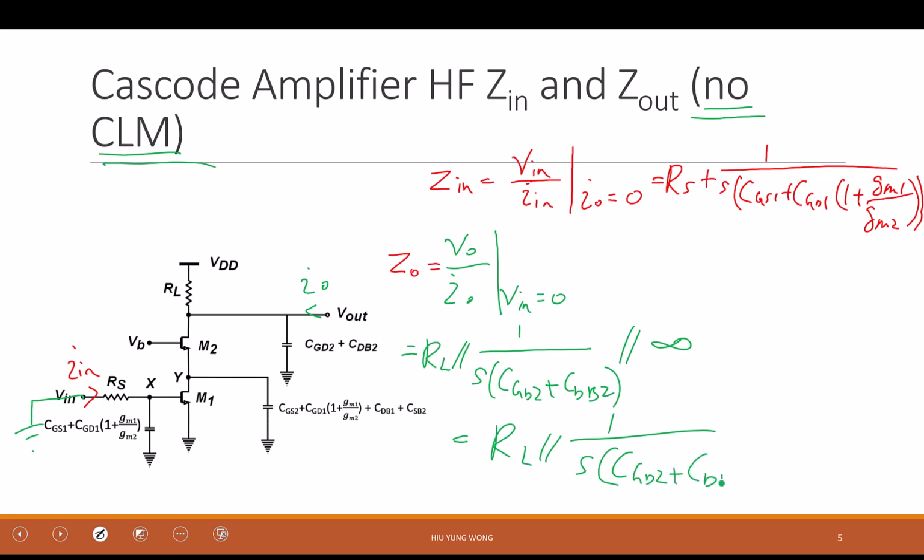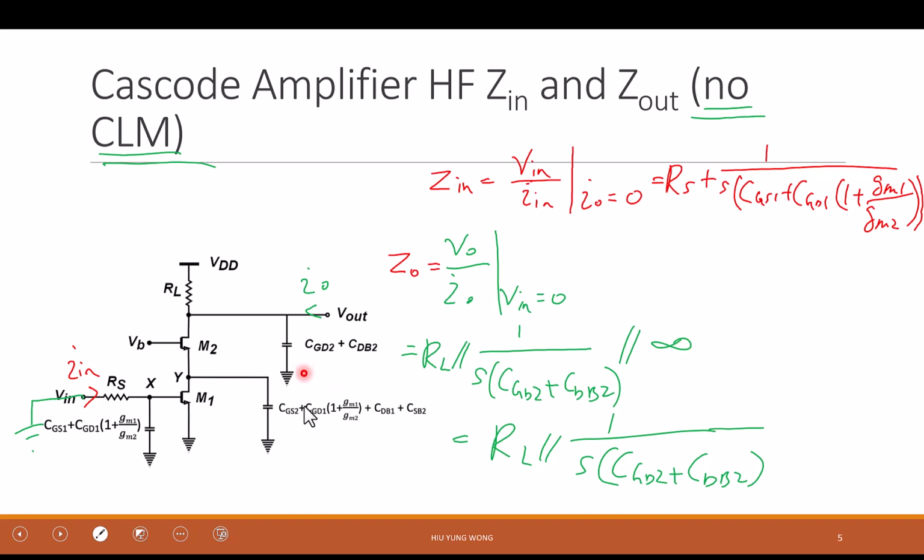Why is this important? Because now you have this insight. If you want to do impedance matching, then you will try to change your RL and this parasitic, right? And you will see that at low frequency, this is not important.